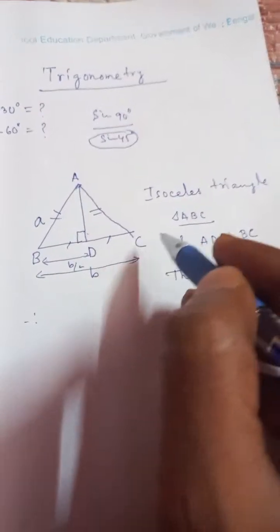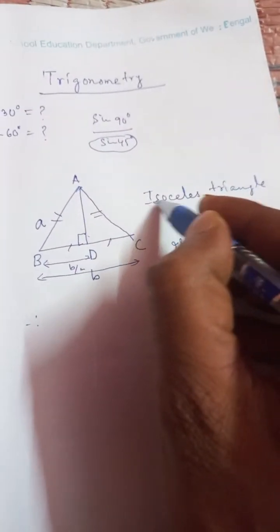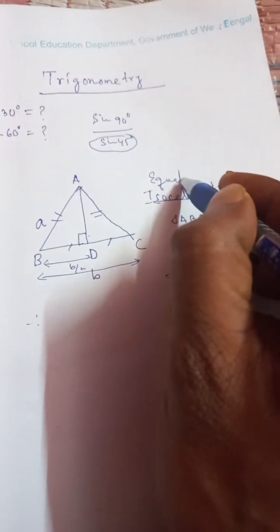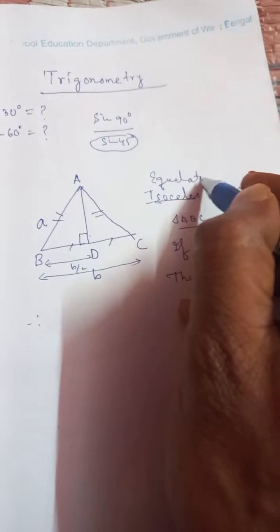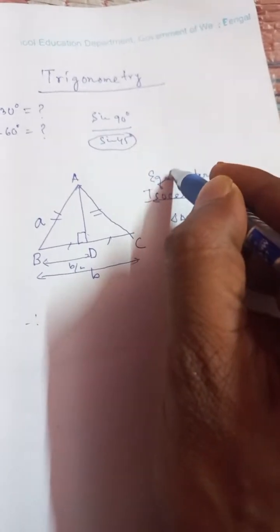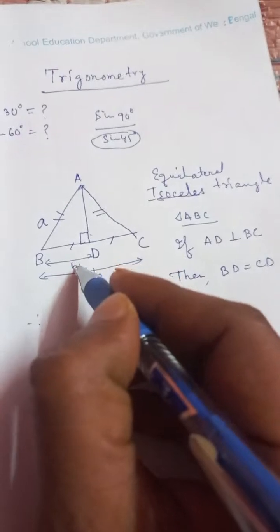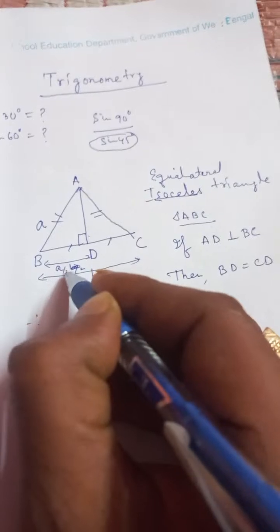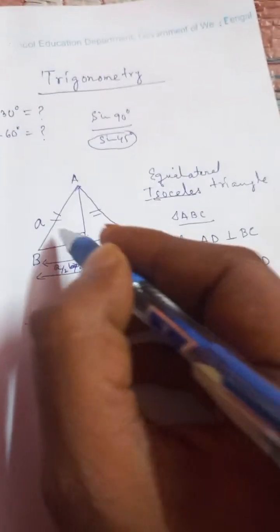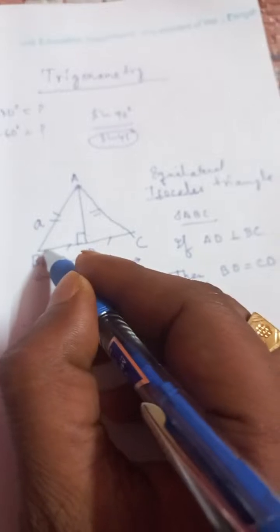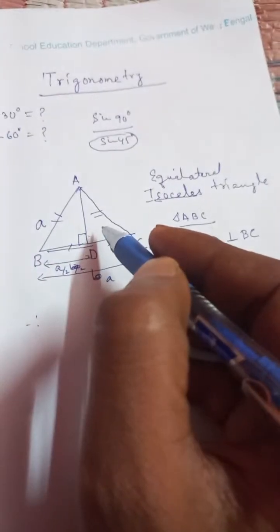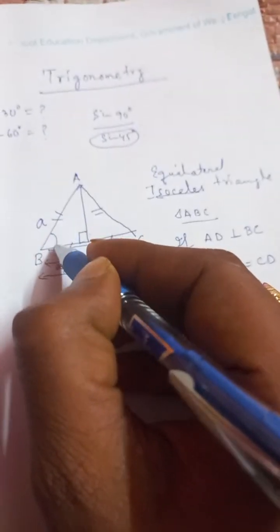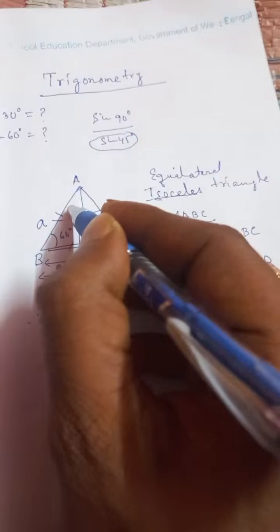If I take not an isosceles triangle but an equilateral triangle, it will be very easy to find out. In the equilateral triangle, I am taking this side also as A, then this must be A by 2. If this is A and this is A by 2, then this angle must be 60 degrees and this angle must be 30 degrees.